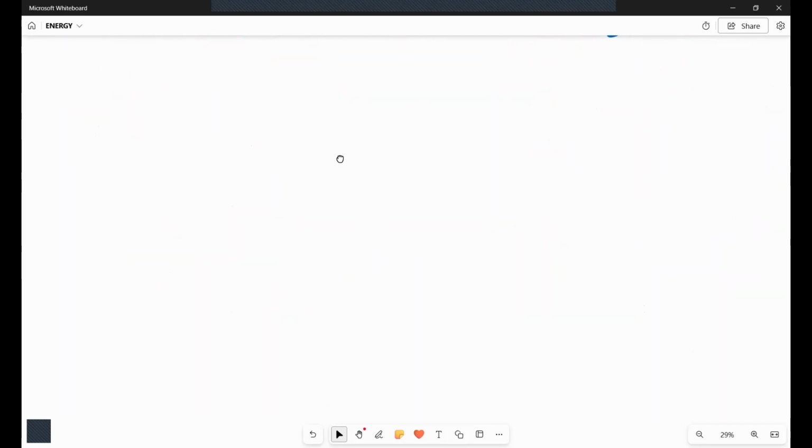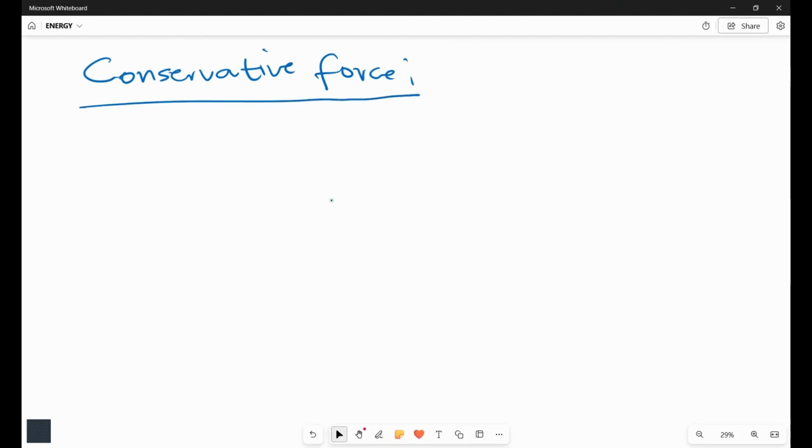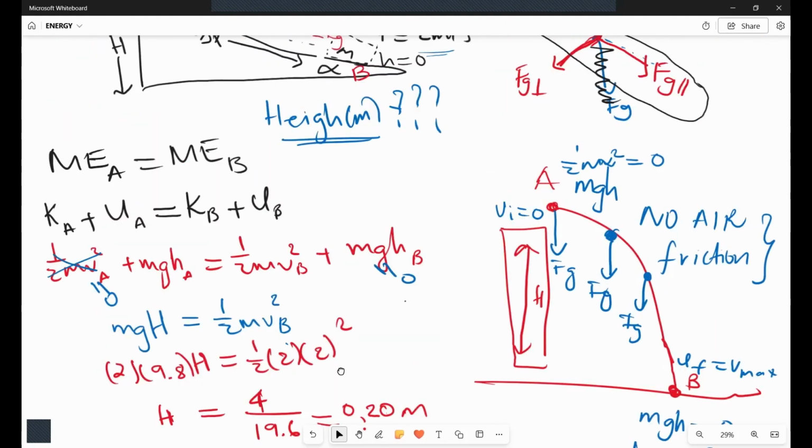Now let's move to conservative and non-conservative forces. Now, let me start with conservative force. As per definition, conservative forces are the forces for which the work done in moving an object between 2 points is independent or does not depend on the path taken.